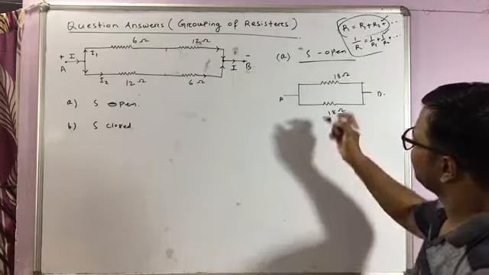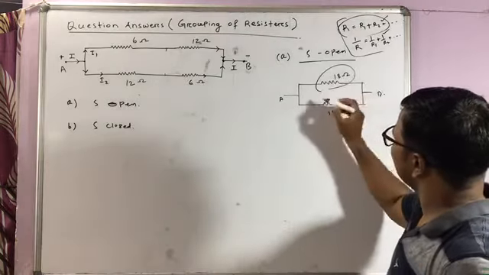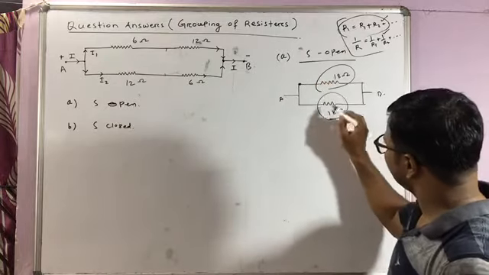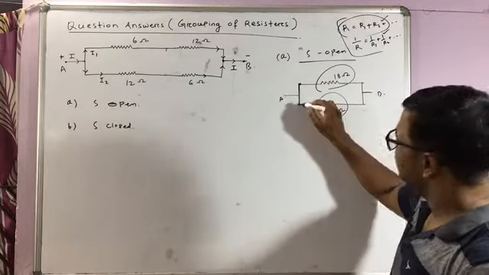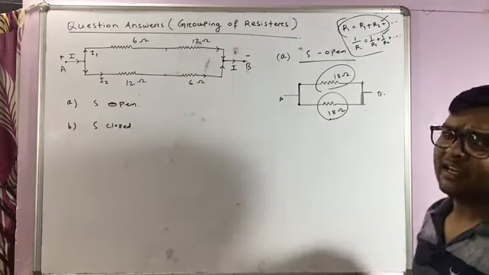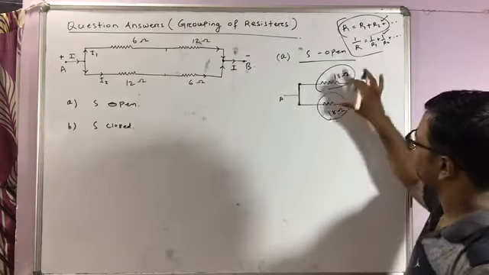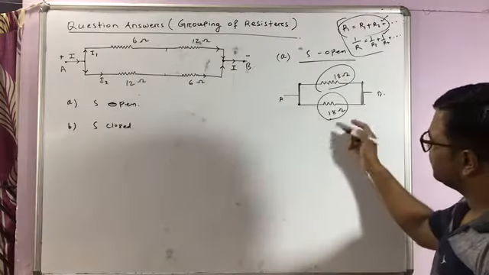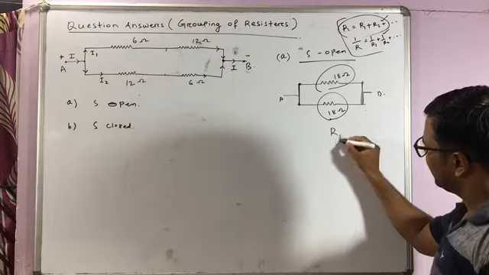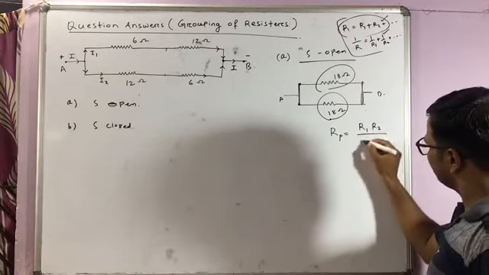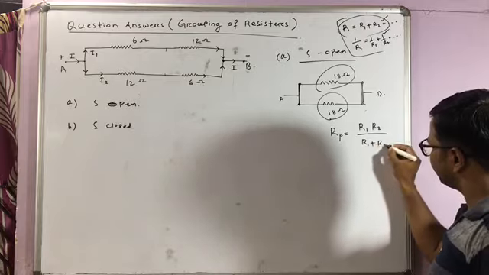Now you see here, again, this 18 ohms, one end, and this 18 ohms, one end, they are clubbed together, and the other ends are clubbed here. It means these 2 are there in parallel. So 2 resistors are here, 18, they are parallel. Means the formula you need to apply, Rp is equal to R1 R2 by R1 plus R2.